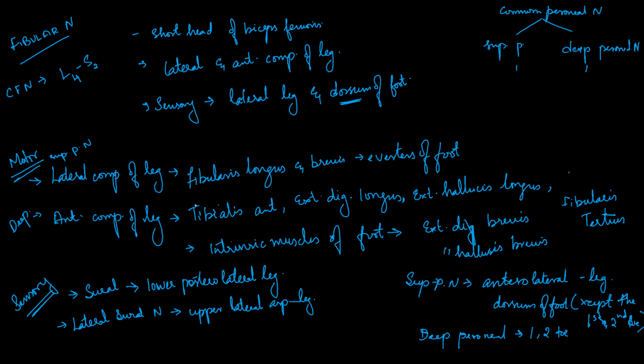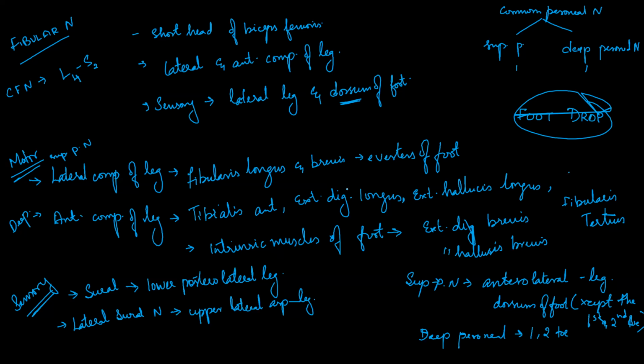So this can cause the paralysis of all these muscles, which in turn leads to the condition called foot drop. That is an important aspect of the common fibular nerve. That was about sciatic nerve.